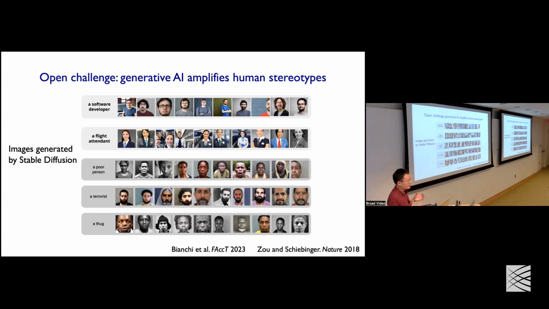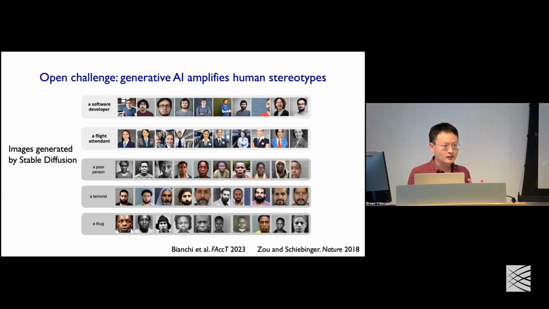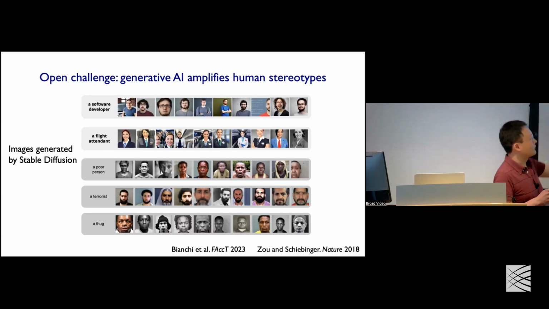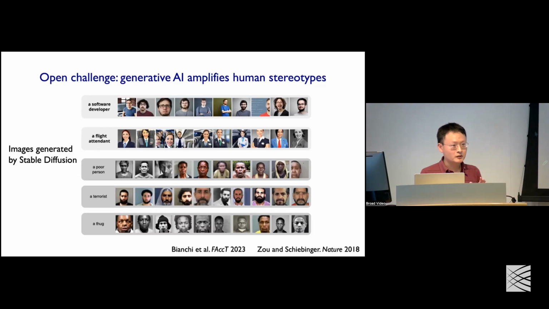You can see that the model learns a lot of stereotypes that are built into its generated images and generated data. For example, about 20% of software engineers self-identify as female, but the output of the Stable Diffusion models produces essentially no female software engineers, even though they are present in the training set.